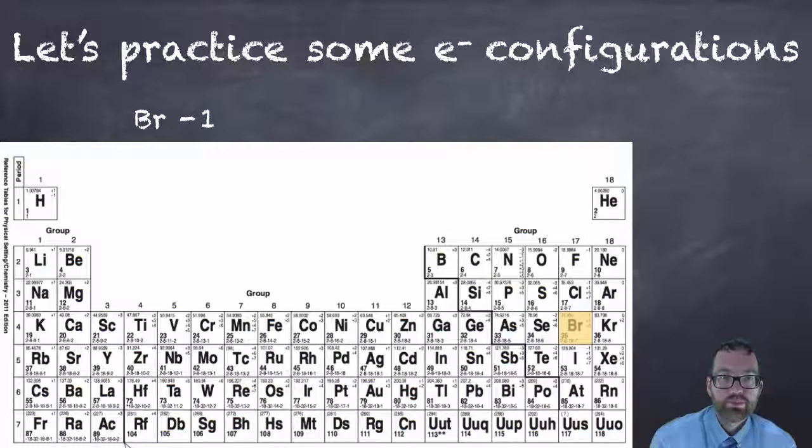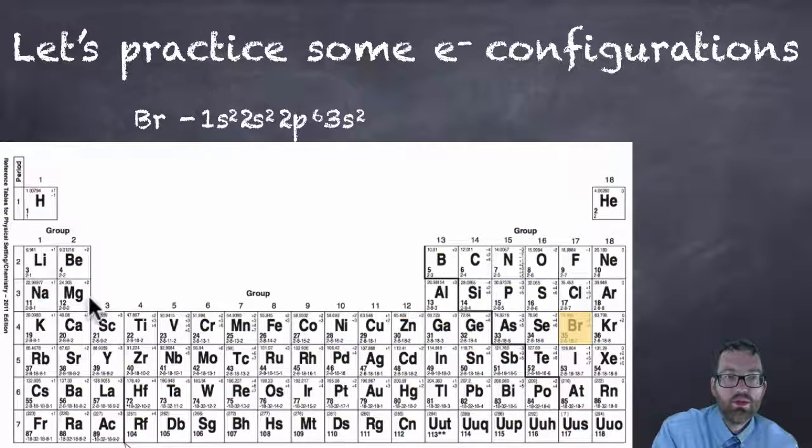Bromine, 1s2, bring us to helium. 2s2, bring us to beryllium. 2p6, bring us to neon. 3s2, bring us to magnesium. 3p6 would bring us to argon. 4s2 would bring us to calcium.